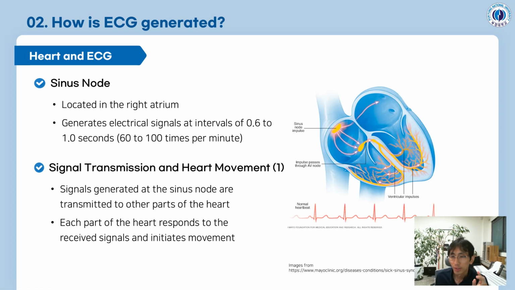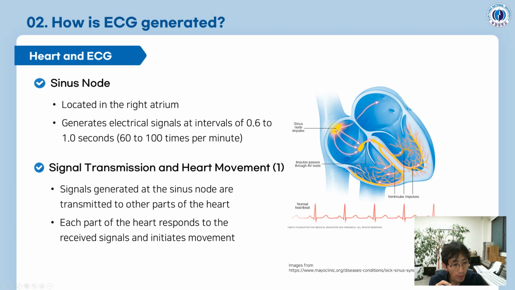And the second topic of today is how it is generated. So this image is the inside of our heart. There is an organ called the sinus node. At this spot, the heart signal starts.